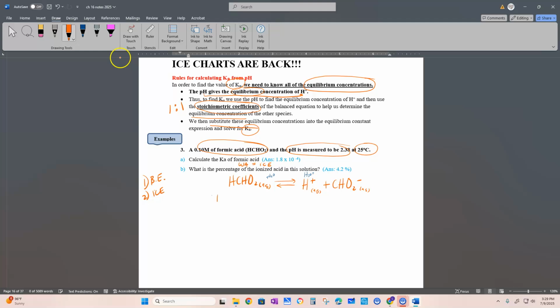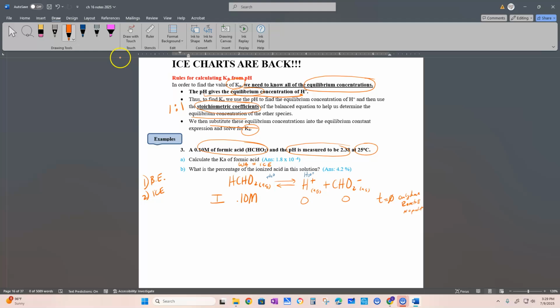Okay. So initially, my concentration of the acid was 0.10 molarity. Initially, I don't have any products. And why? Because think of it, at time 0, you only have reactants. You don't have products. And what do we know over time? Well, my reactants are going to start to disappear.